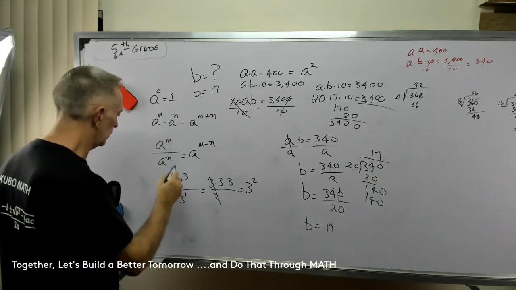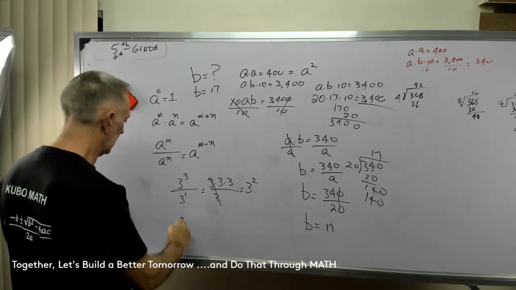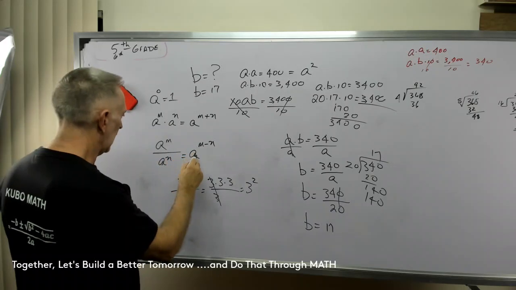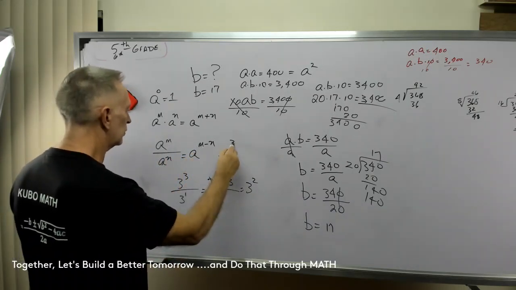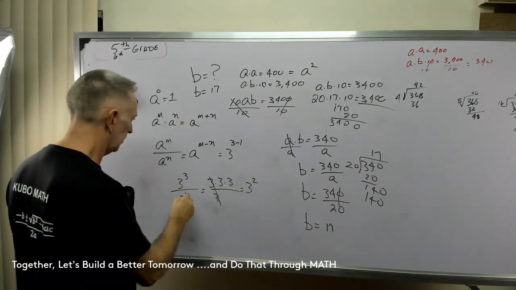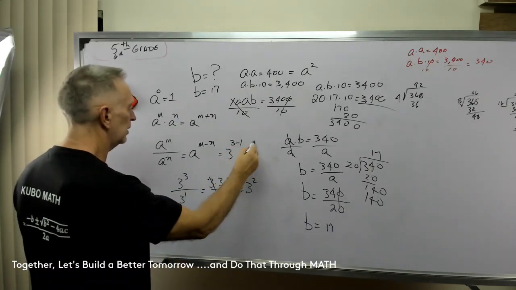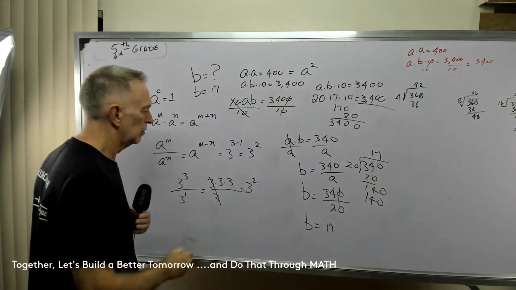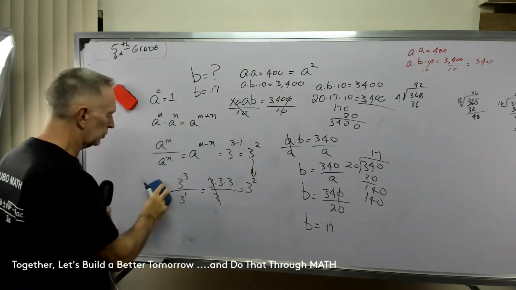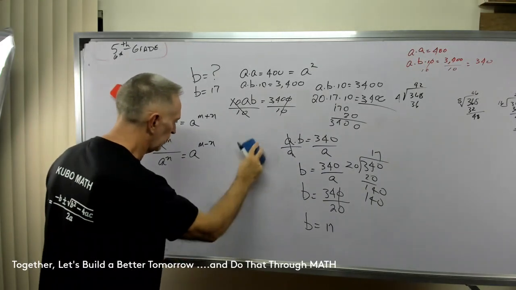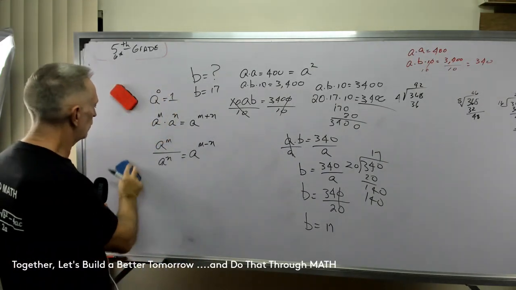Now then, using this rule, I would say I have a to the m minus n. So I would have 3 to the third minus 1. And that would equal 3. 3 minus 1 is 2. Hey, looky there. So those are the exponent rules that we've learned so far.